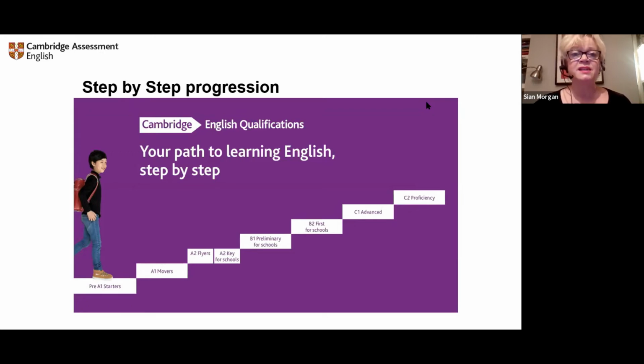And just as the CEFR builds on each level, so do our exams. A learner who has successfully completed A2 Key or A2 Flyers will have the skills to start preparing for B1 Preliminary. You can see the stepped approach there. The tasks will also be familiar, as we've seen.